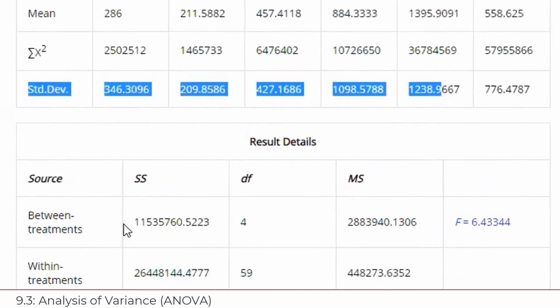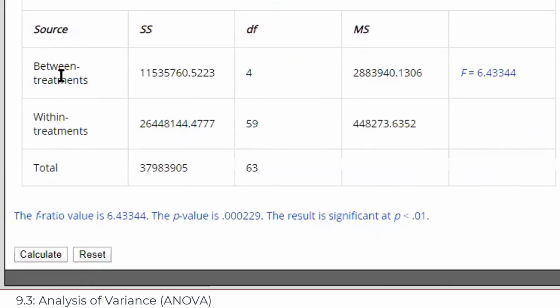And then this is where they calculated the in-between treatment sum of squares, the within treatments sum of squares, the degrees of freedom, the MS, the mean of the squares, and then the F value. So this is our test statistic. That's our F score, not the Z score, not the T score, not the chi-squared score, but the F score.